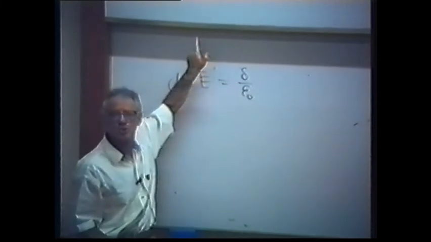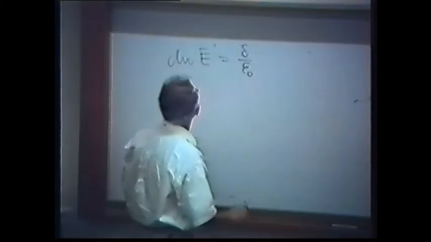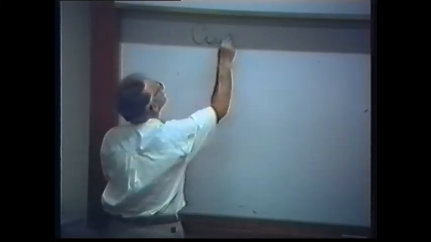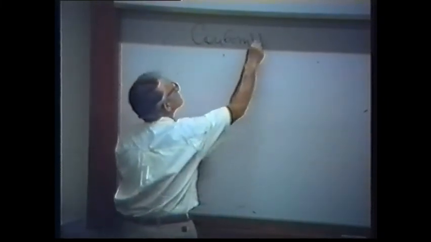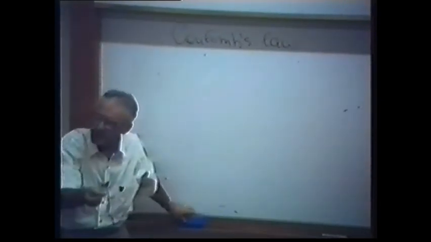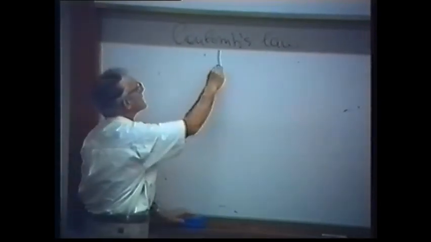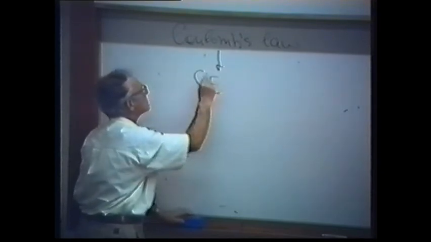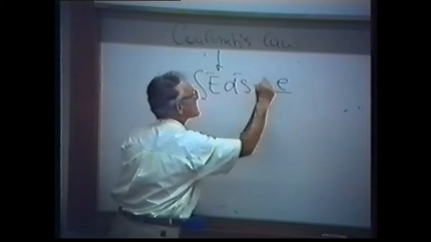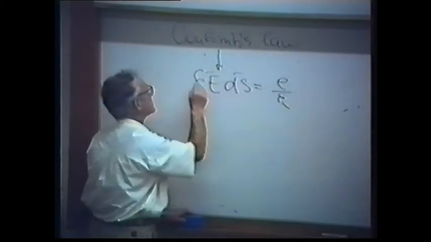Coulomb's law was used. Let me do it again because it's important. I use Coulomb's law, but I didn't tell you how to do it in order to save our time. I derive this equation: flux through a closed surface equals charges inside divided by epsilon naught.